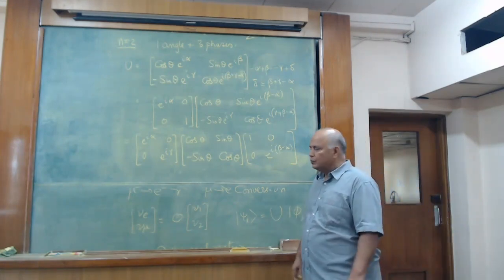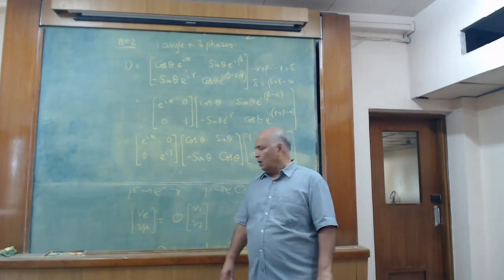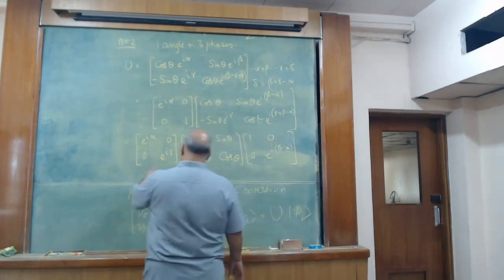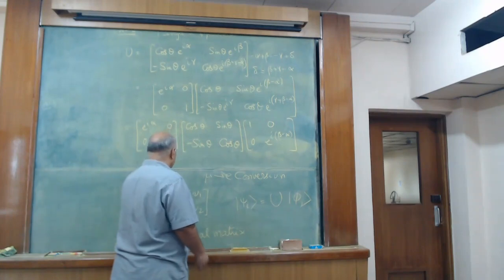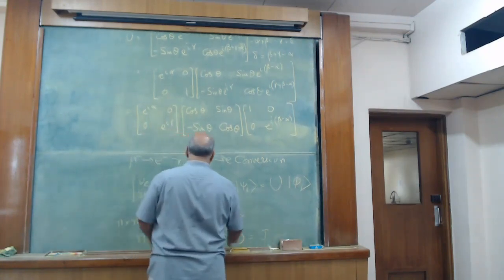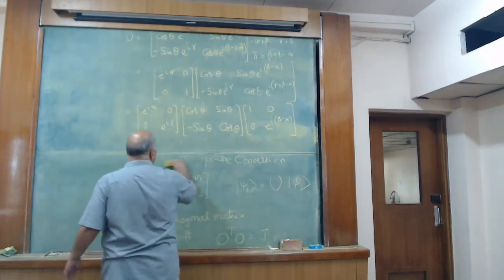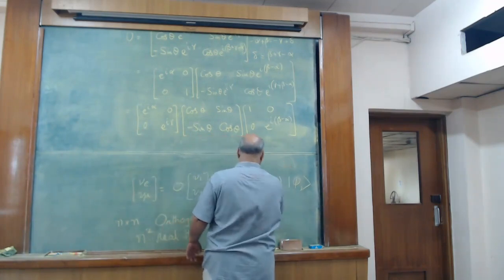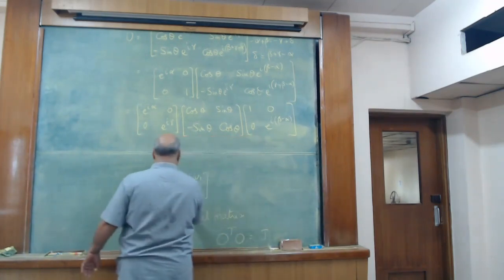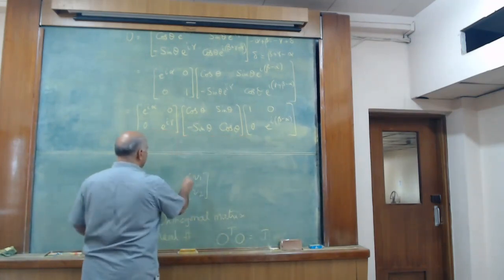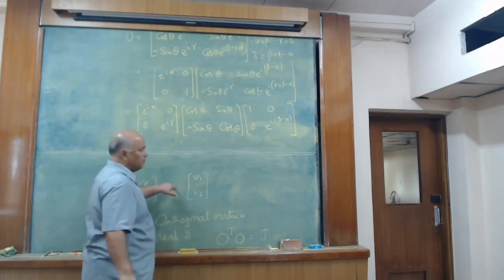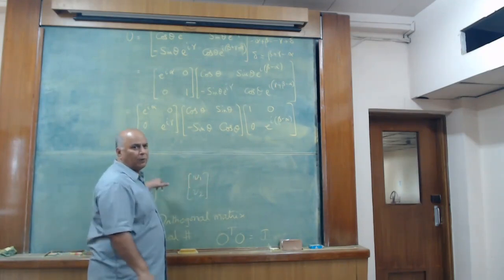And remember, where is this matrix occurring? This matrix is occurring in the relation between two sets of complex fields.